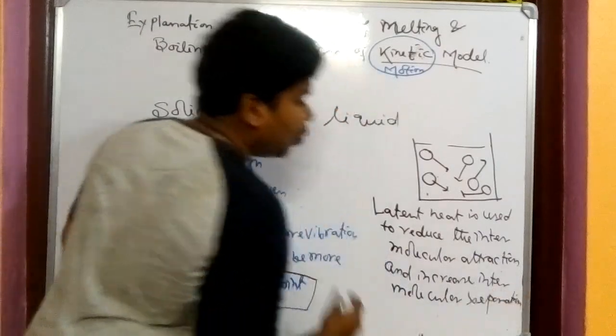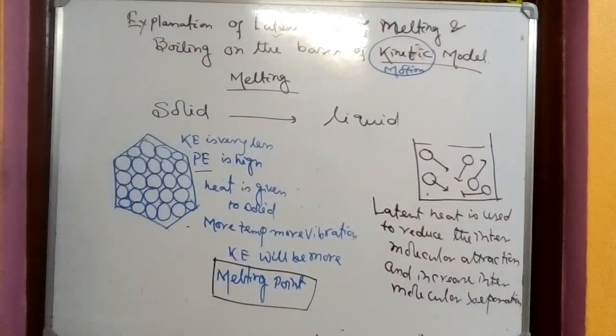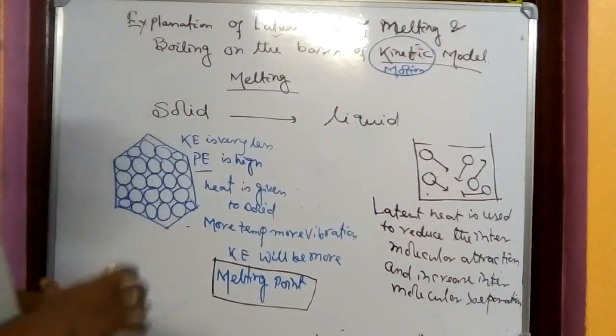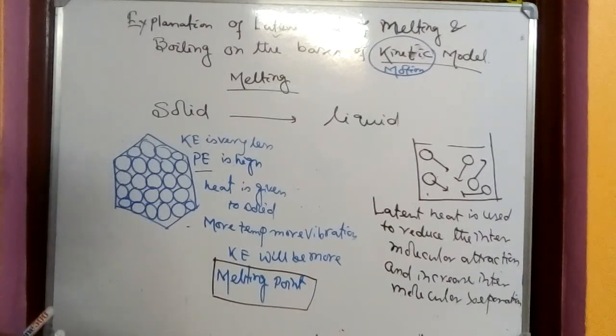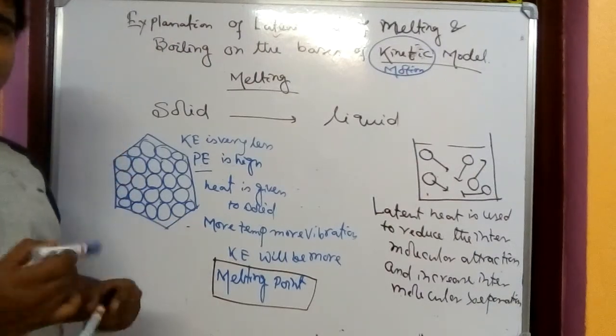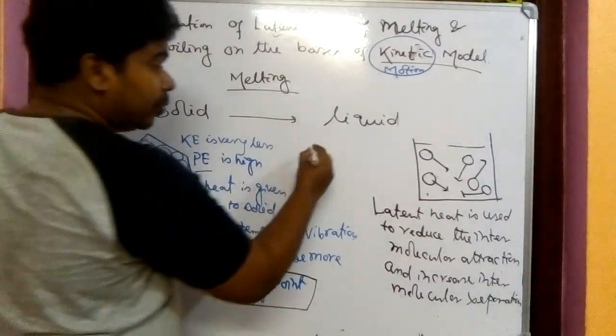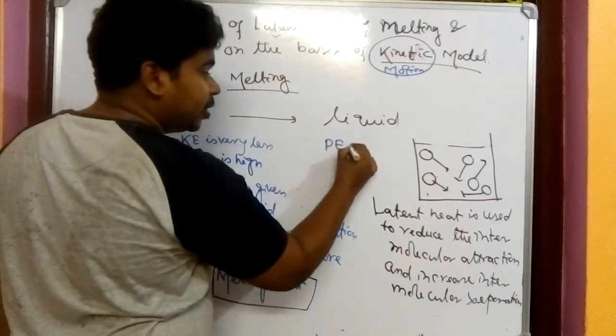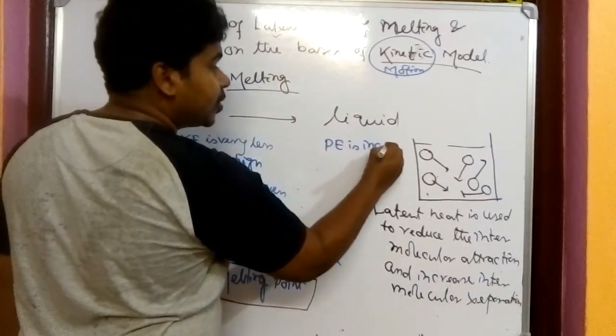So that is the work of latent heat. Latent heat is mainly used to increase the intermolecular separation. As the intermolecular separation is increased, what will happen, you know? You have to remember that potential energy is increased.